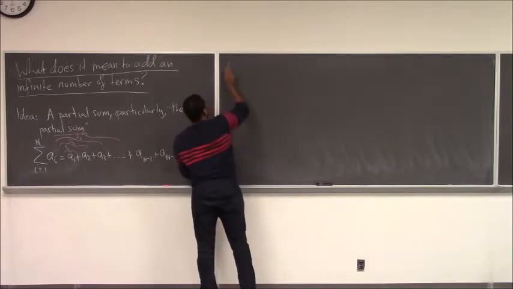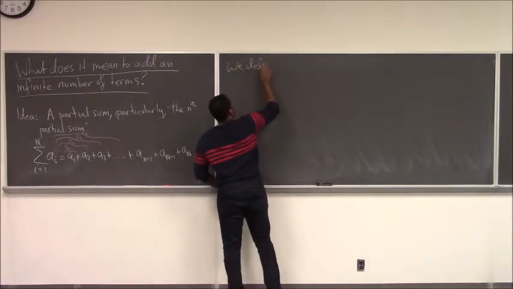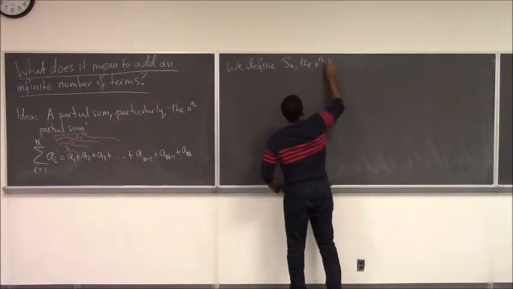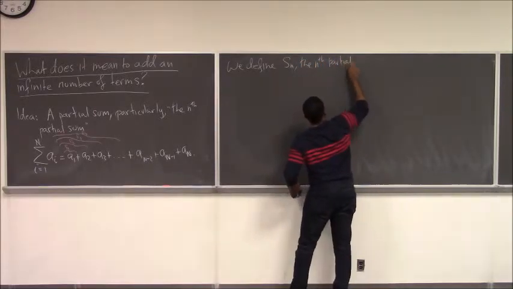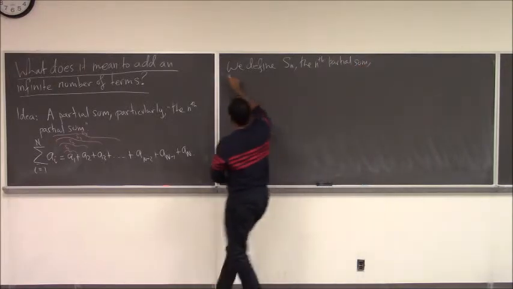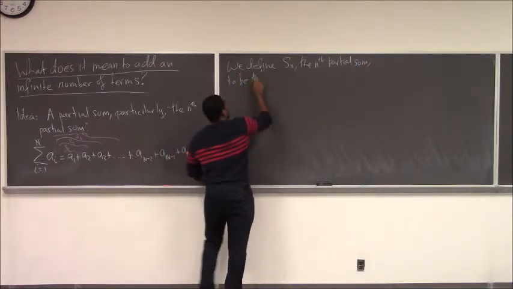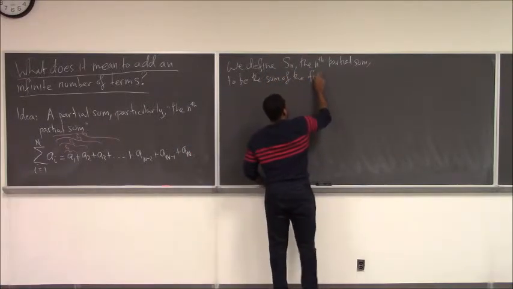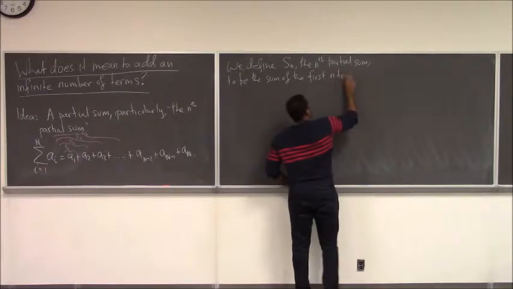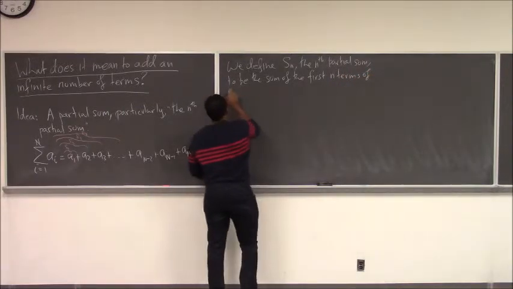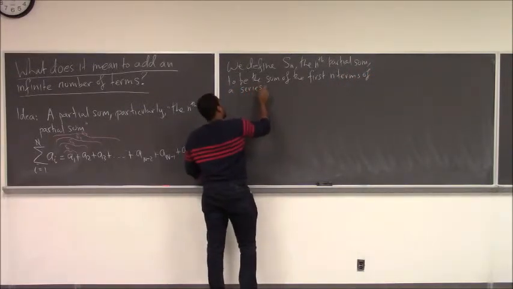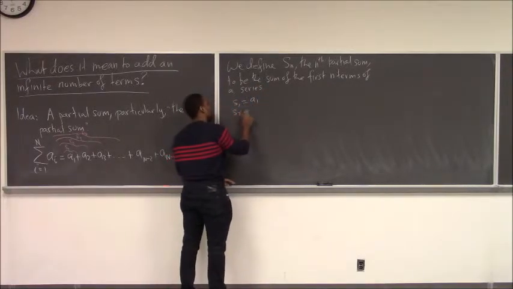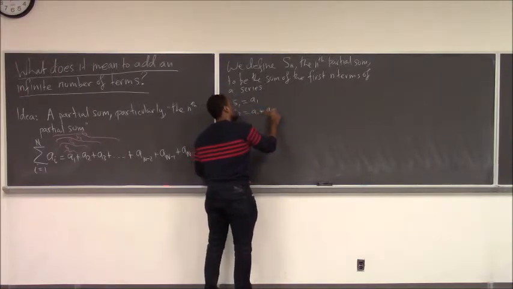So we define S of n, the nth partial sum, to be the sum of the first n terms of the series. Right? So that means you can have S1, it'll just be A1, while S2 is going to be A1 plus A2.